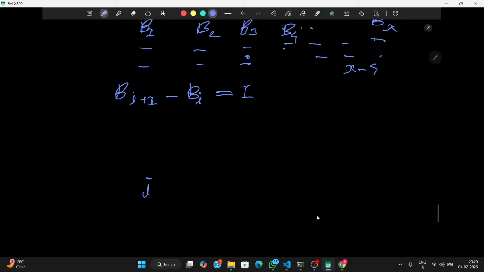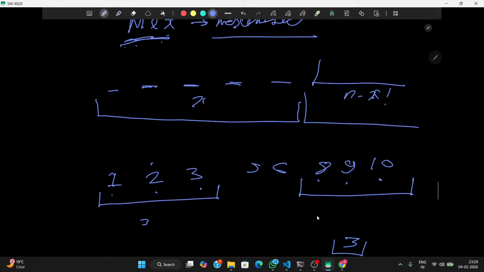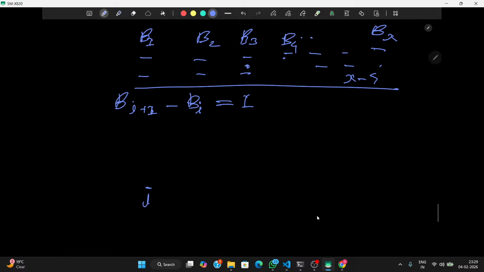So for any ith index in this array B, in how many ways can we arrange this array in the required order, that is, all of the starting elements will be adjacent? In how many ways can we arrange this array starting with its ith element? If this is the ith element, we will have i minus 1 elements less than it, and x minus i elements greater than it, right?